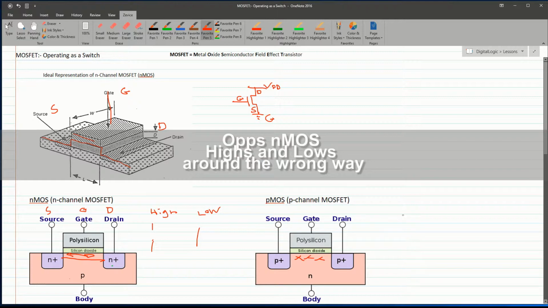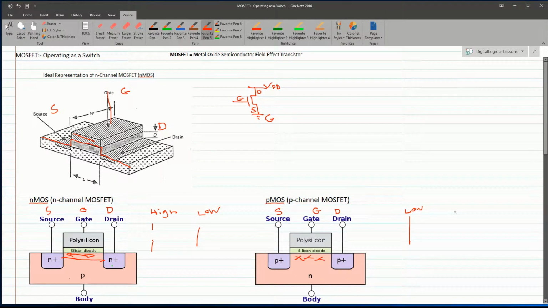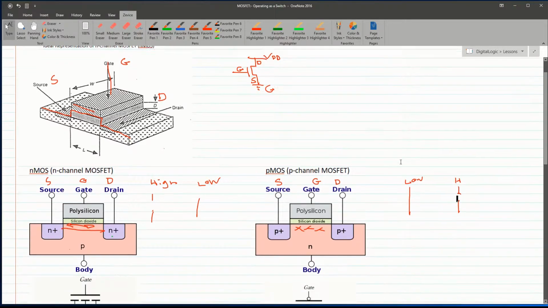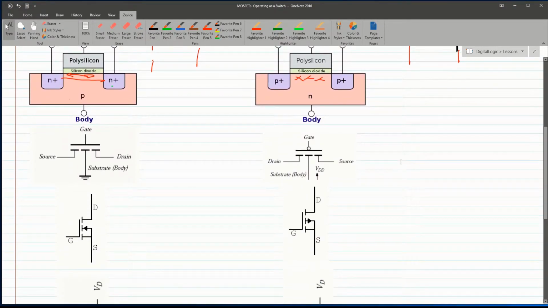For pMOS, it's considered on when there's a low voltage at the gate, and when there's a high voltage, the switch or the pMOS is considered off. So this is another way of representing an nMOS, and this is another way of representing a pMOS.